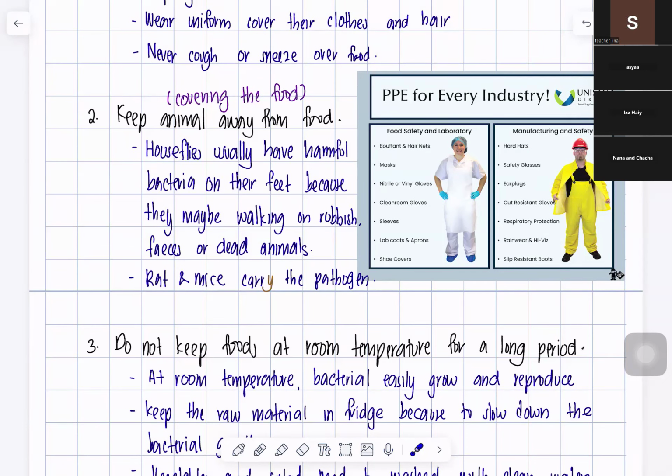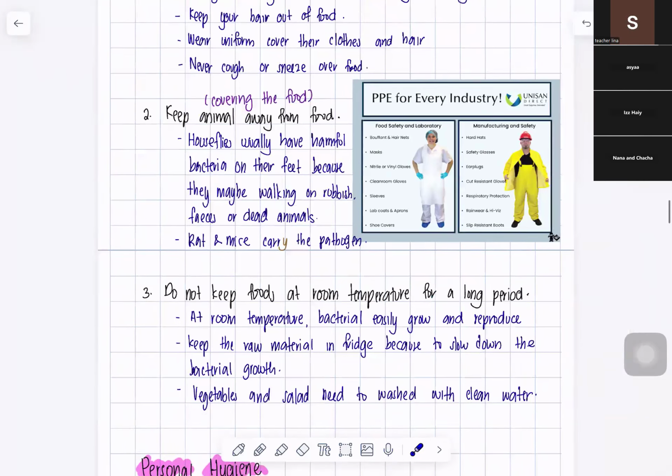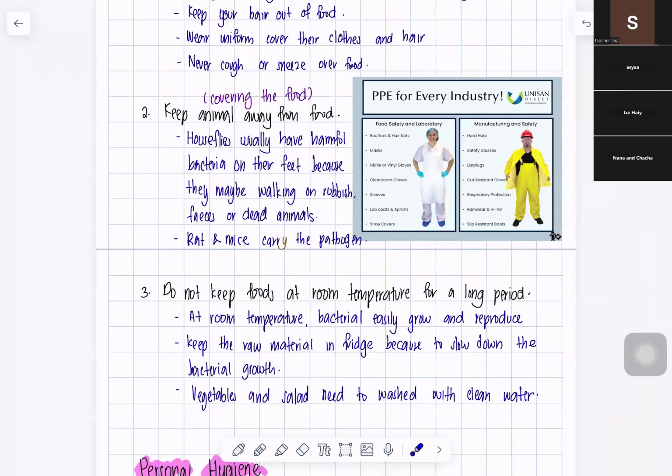Do not keep food at room temperature for a long period of time. At room temperature, bacteria easily grow and reproduce. So keep the raw material in the fridge to slow down the bacteria growth.